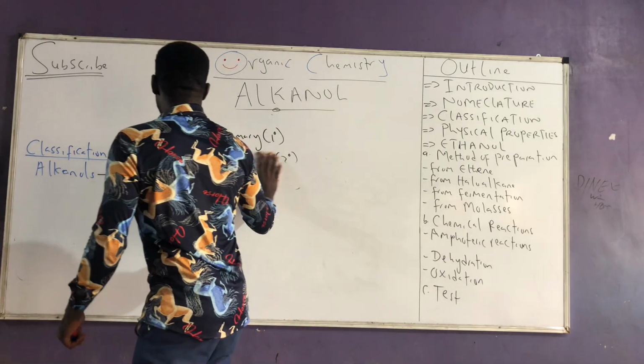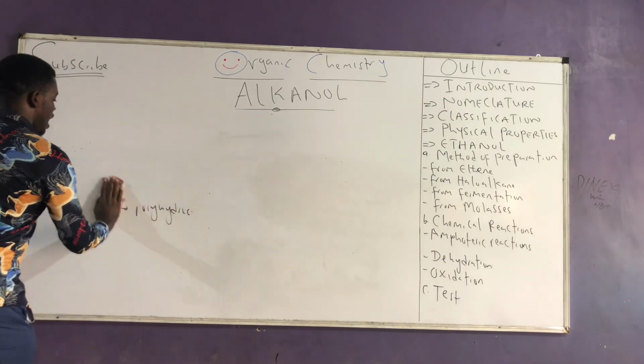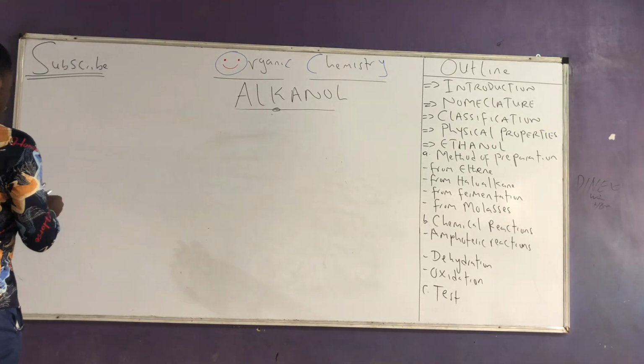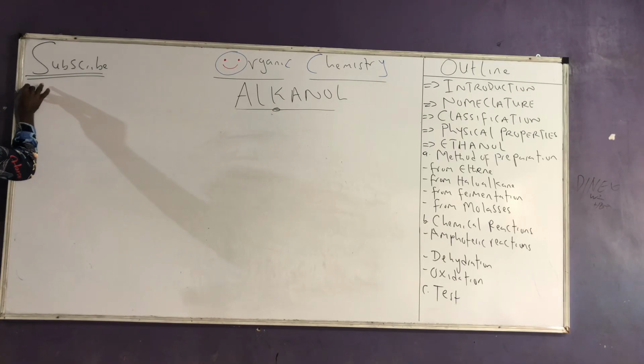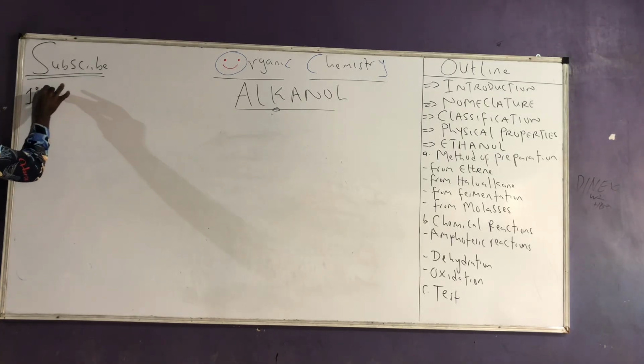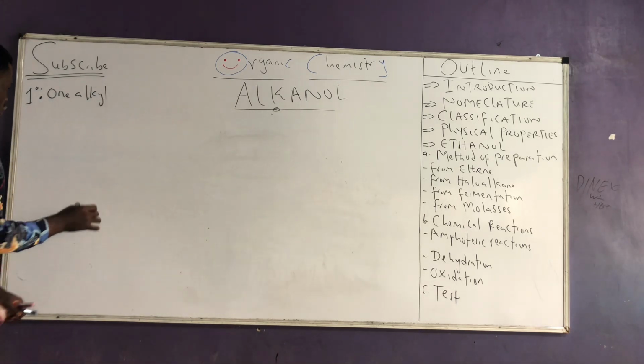What are primary, secondary, and tertiary alkanols? A primary alkanol is simply an alkanol in which only one alkyl group is directly attached to the carbon with the OH.